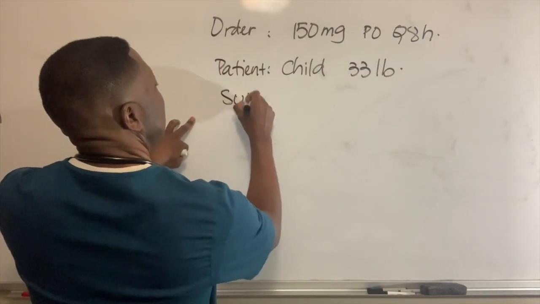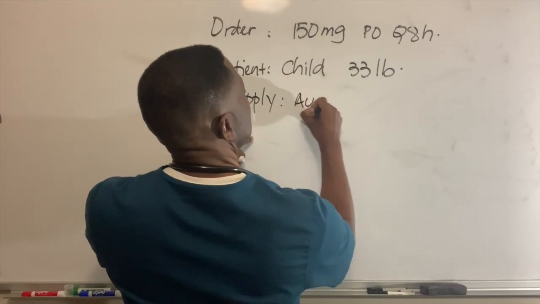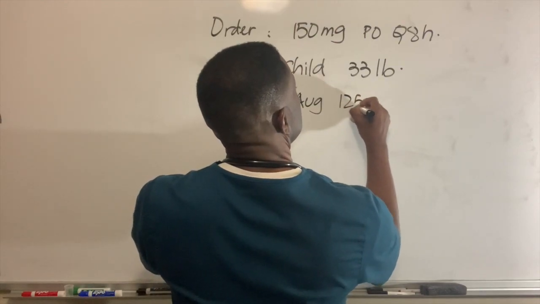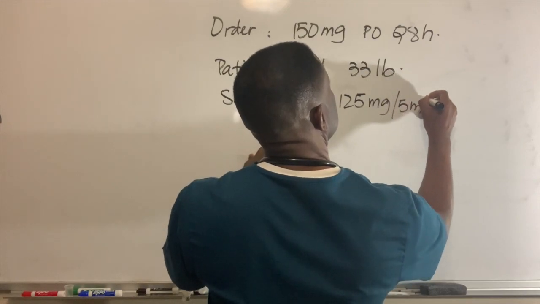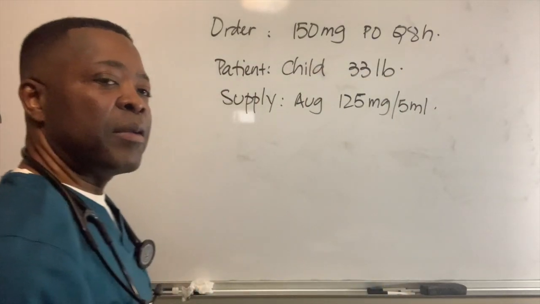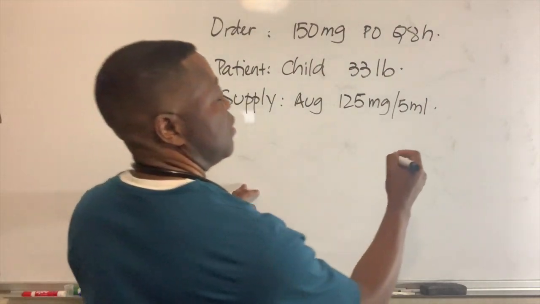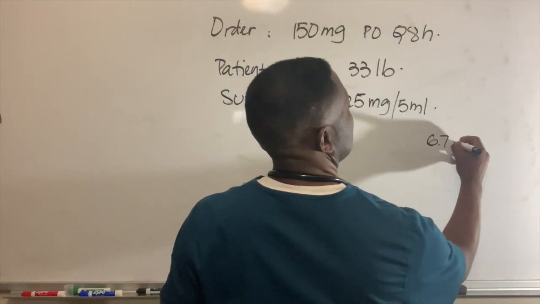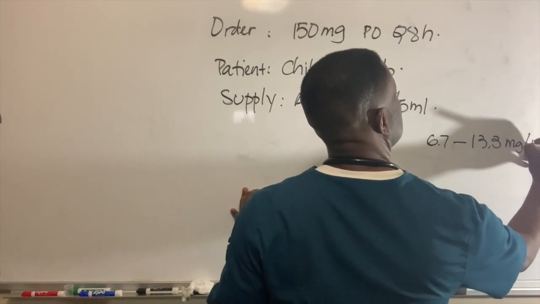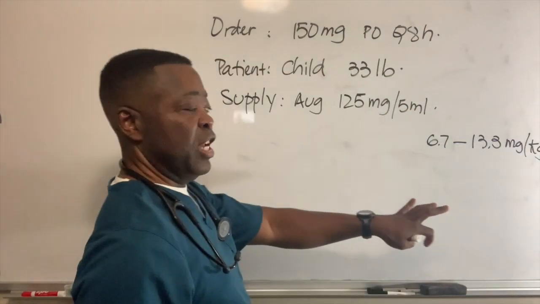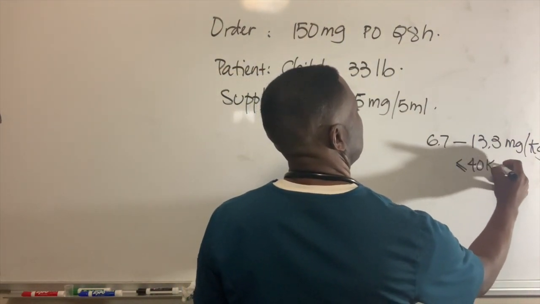In your supply, you have Augmentin 125 milligram in 5 ml, but the label recommendation is to administer between 6.7 to 13.3 milligram per kilo every 8 hours if the child is less than 40 kilo.